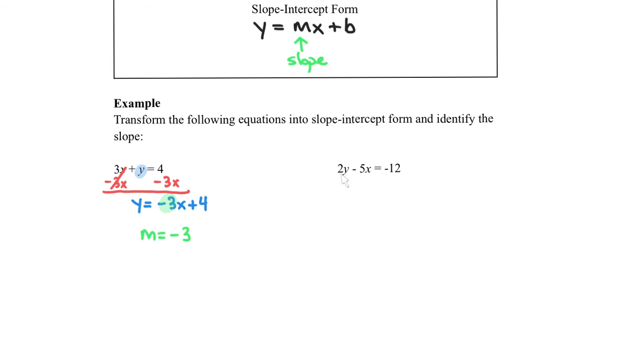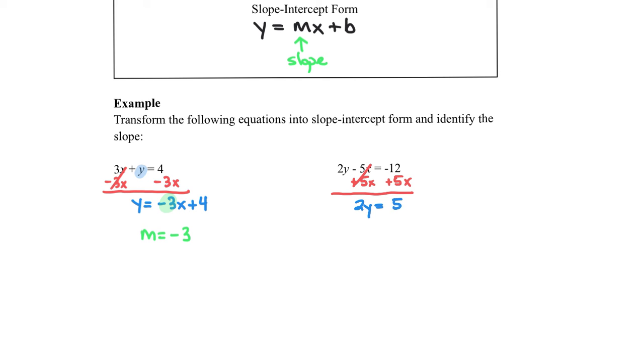So in this case, I do have a coefficient in front of y, and I'll deal with that. But let's start by moving the minus 5x to the other side. So I'm going to add 5x to both sides. And I'm left with 2y on this side.